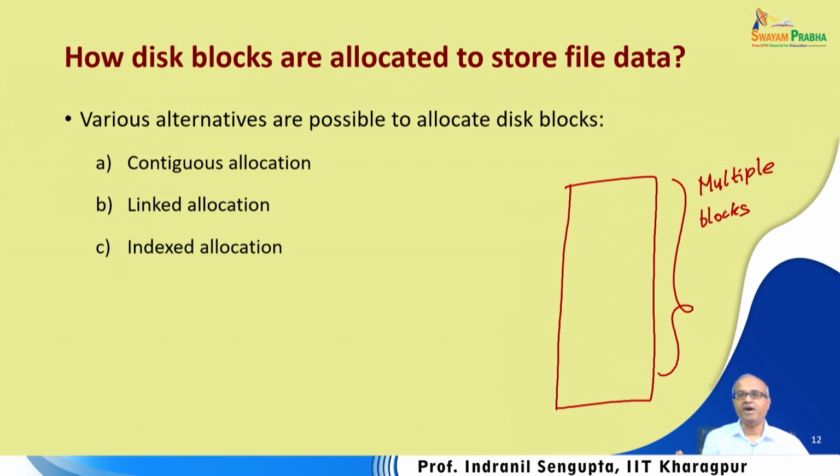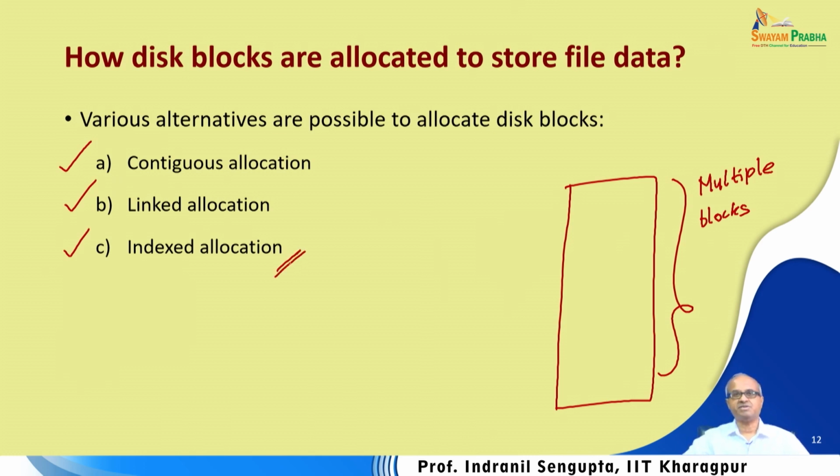So, the question is where in disk these multiple blocks will be allocated. Broadly there are three methods, we shall be discussing these one after the other: contiguous allocation, linked allocation, indexed allocation. Let me tell you, most of the operating systems today follow the third approach.